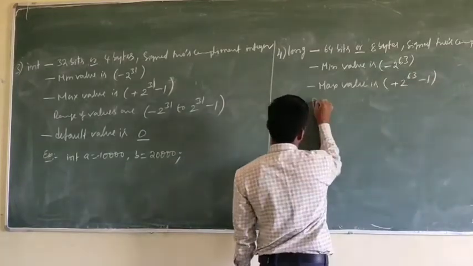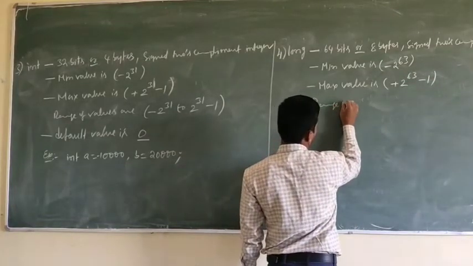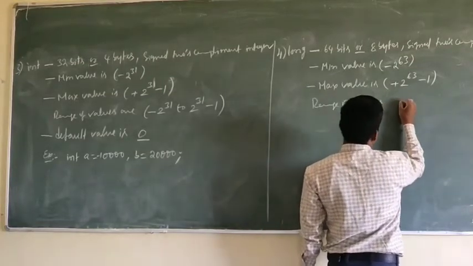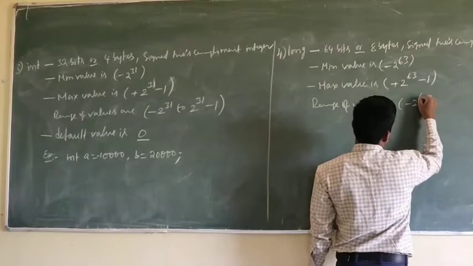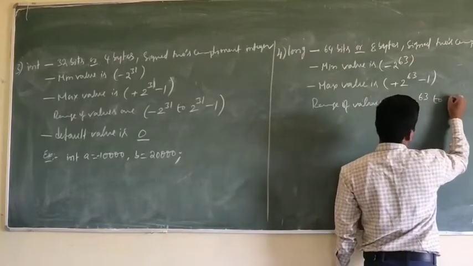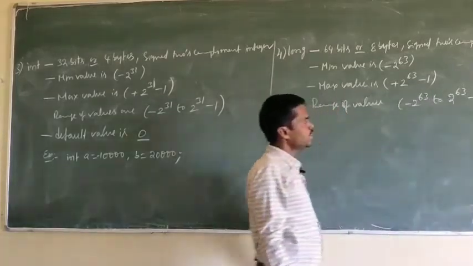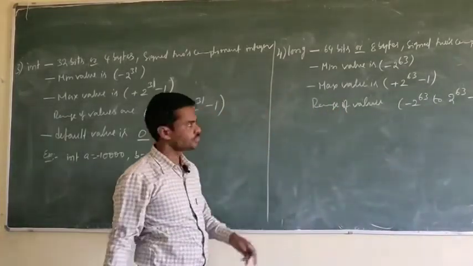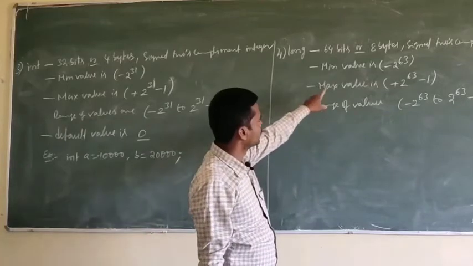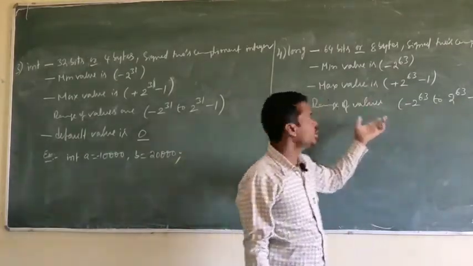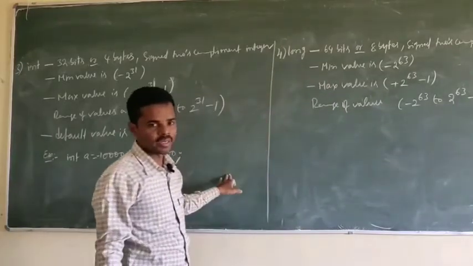So the range of values is minus 2 to the power of 63 to plus 2 to the power of 63 minus 1. This is the range of values of long. So we can store from and to. These are the only values the long data type allows to store.